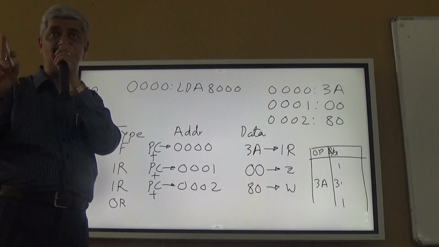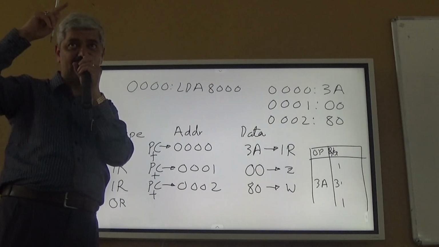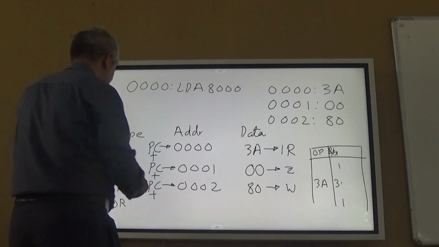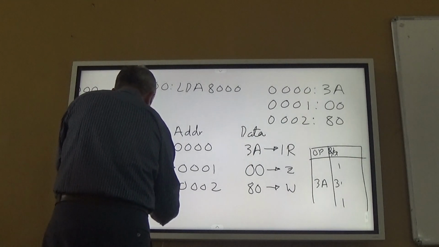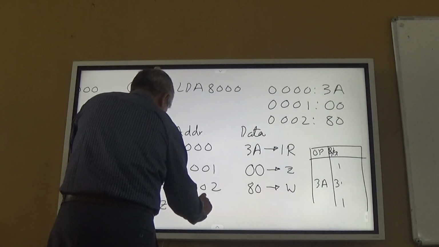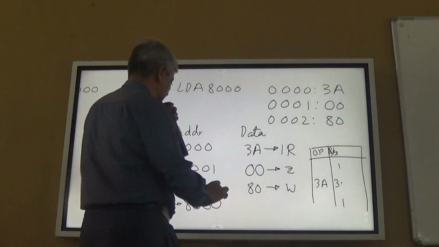Who should give the address now? You have already noted down the address given in the instruction in the WZ register. So WZ should give the address. What will that be? 8000. Let us say at 8000 there is 33.